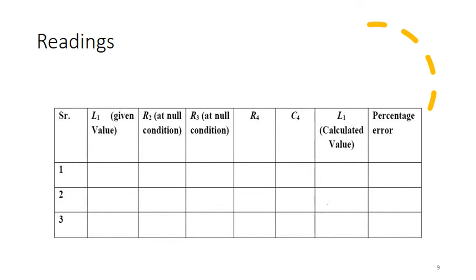R2 R3 are our variable resistances. R4 and C4 are fixed resistance and capacitor respectively, and L1 again from our calculated value, that is from the formula. Then we will be calculating our percentage error.